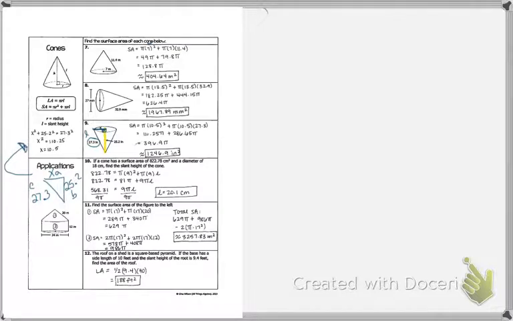we plug it in, and we find out that this guy is 10.5. We now have our radius, check, and we have our lateral height, our slant height, check. Plug in. Pi r squared, pi r times the slant height.